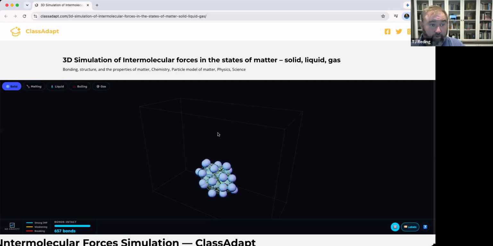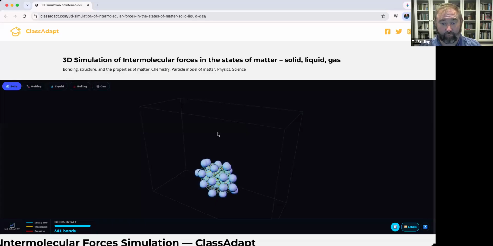This is an example of one of over 100 different simulations that have already been created by ClassAdapt to help students understand different scientific concepts. As you can see, this is a 3D simulation of intermolecular forces in the states of matter: solids, liquid, and gas.